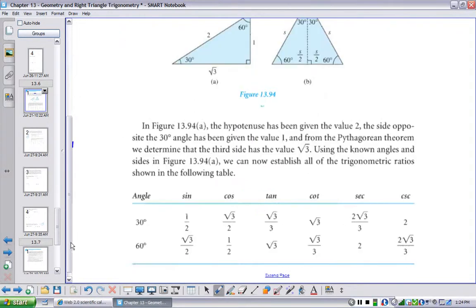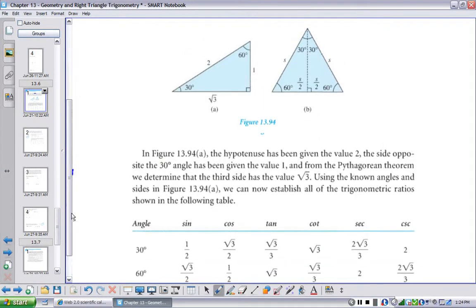Then we can find different trigonometric ratios. Like if we're looking at this 30 degree angle here, then sine, remember, is opposite over hypotenuse, so it's 1/2. Cosine is adjacent over hypotenuse, is square root of 3 over 2. Tangent is opposite over adjacent, 1 over the square root of 3. If you rationalize that, it's the same as square root of 3 over 3.